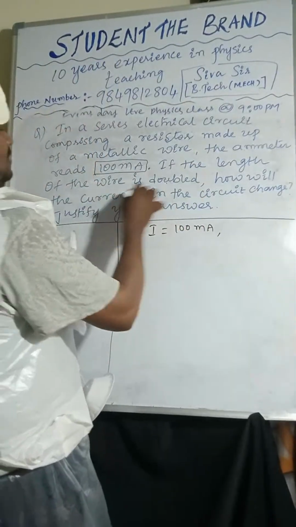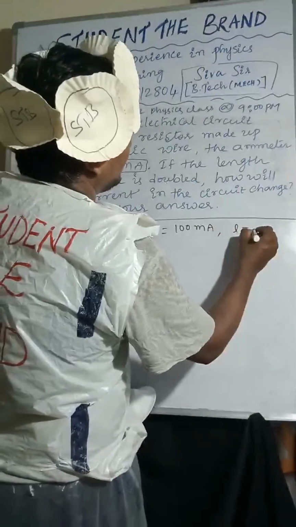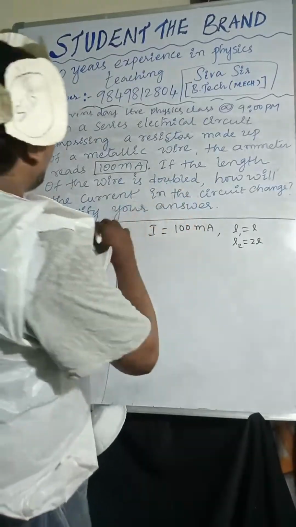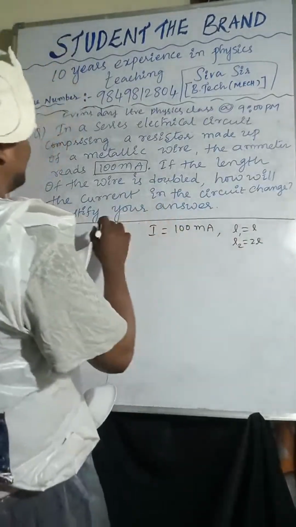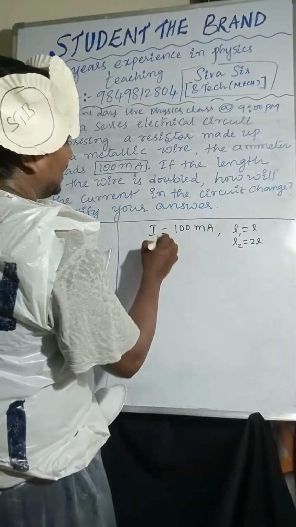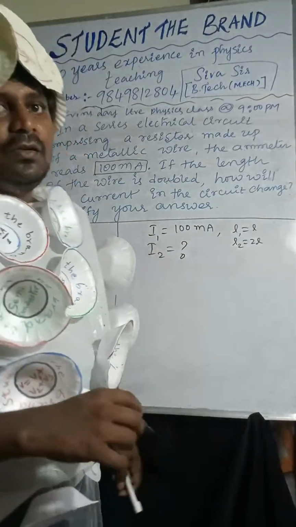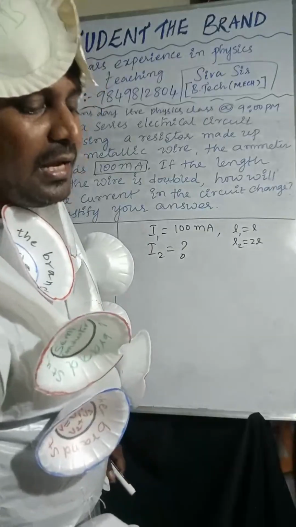If the length of the wire is doubled, L1 is L, so L2 is 2L. How will the current in the circuit change? They are asking about I2, so I2 we have to find out.